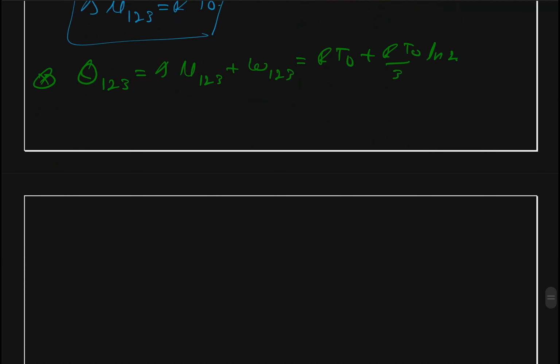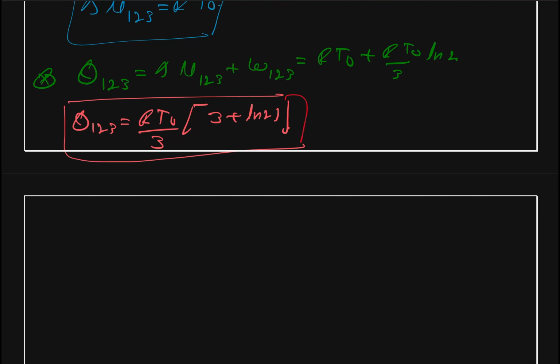So Q1 to 3 will be equal to our RT0, we can take as common. Let us take this as 3. So this comes as our 3 plus natural log of 2.